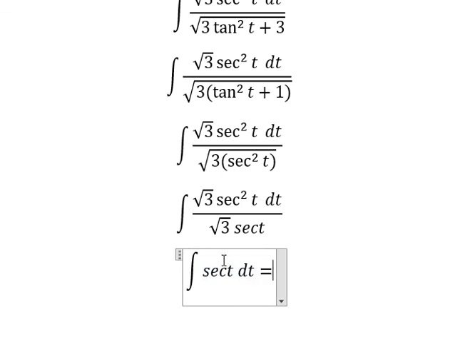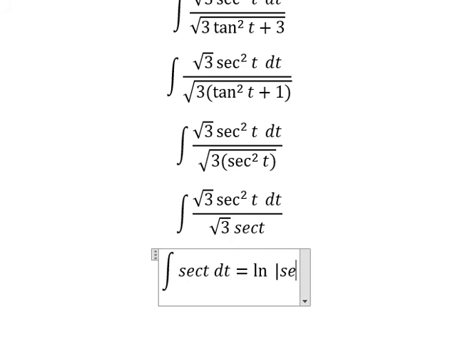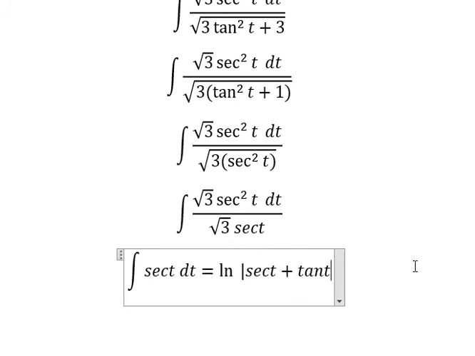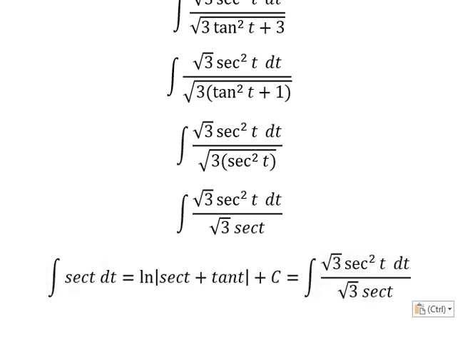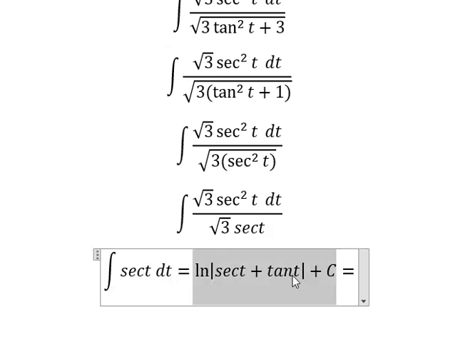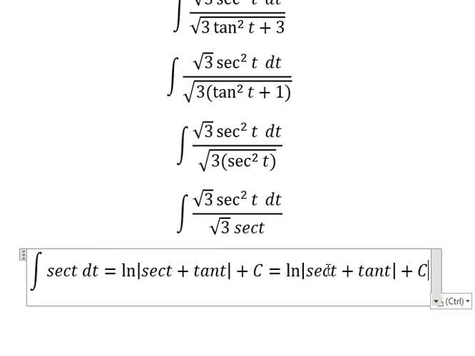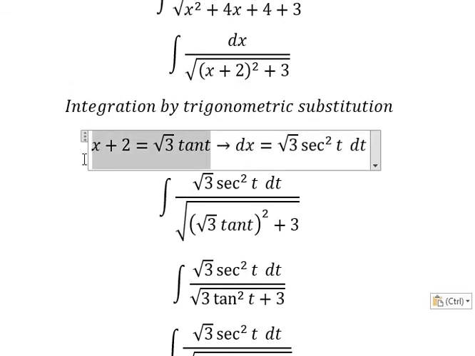The integration of this one, we have ln of the absolute value of secant of t plus tan t, and we put c. About t in here, we have this one.